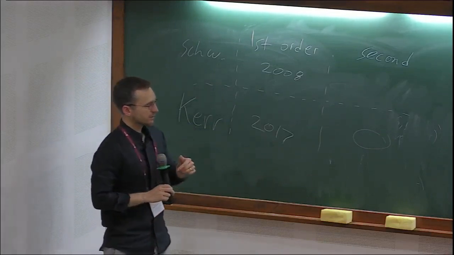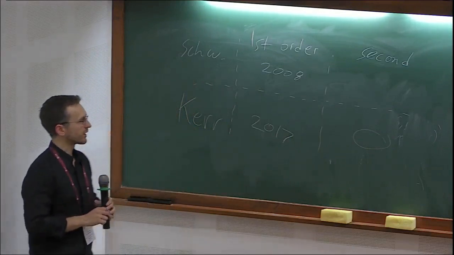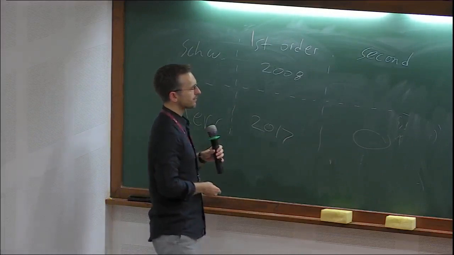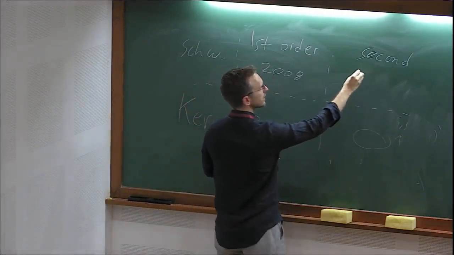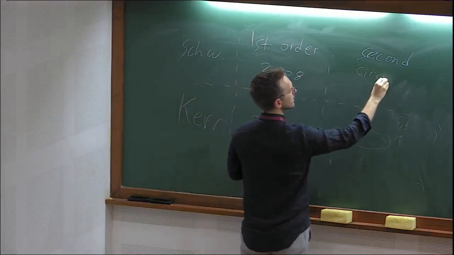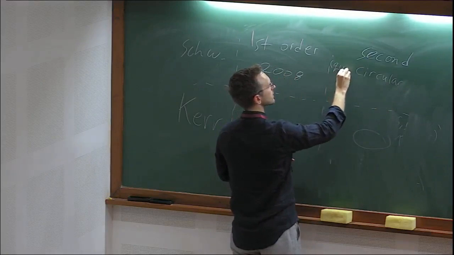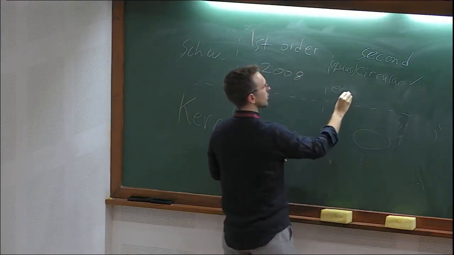Now I derived the second order equation of motion and the local puncture in 2012, 7 years ago now. And we are now just barely getting results for quasi-circular orbits in Schwarzschild.